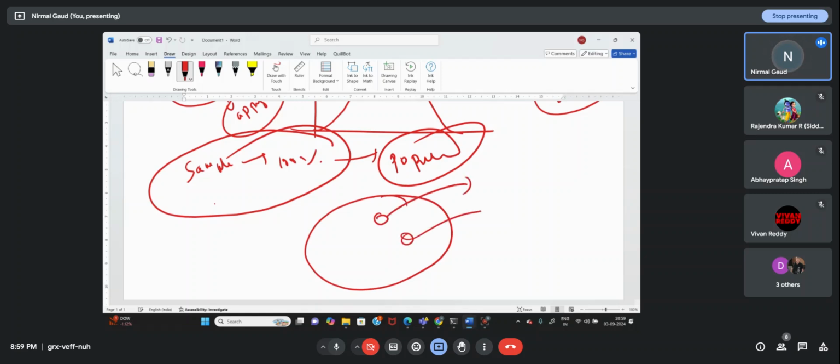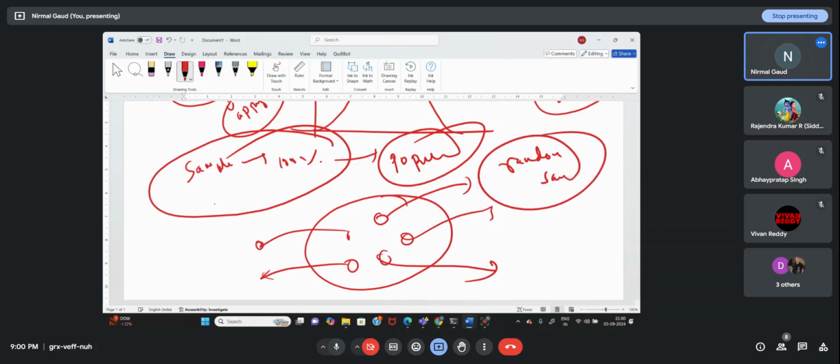You may collect this sample or that sample, any kind of sample. And this is random sampling, so it's not mandatory that you are 100% correct. There could be a chance of making a mistake.